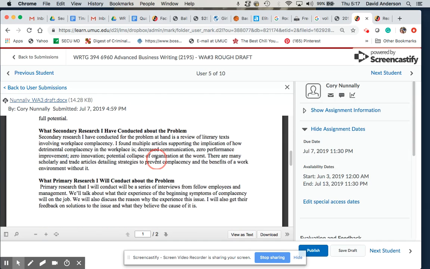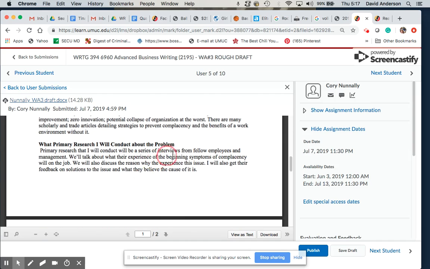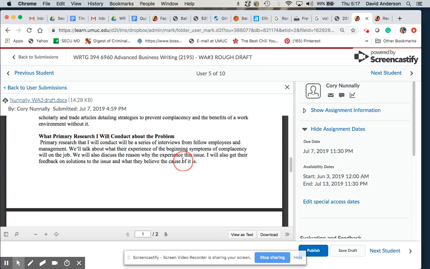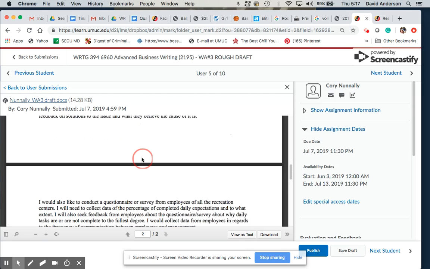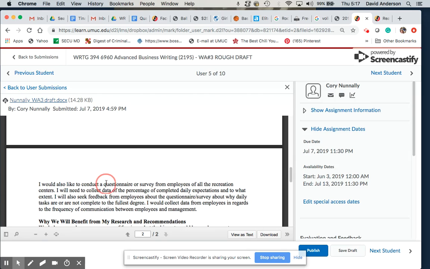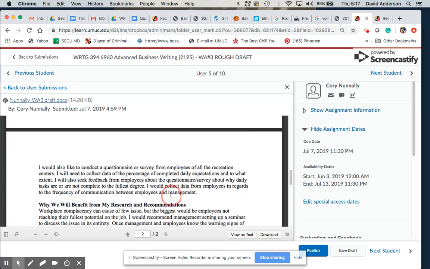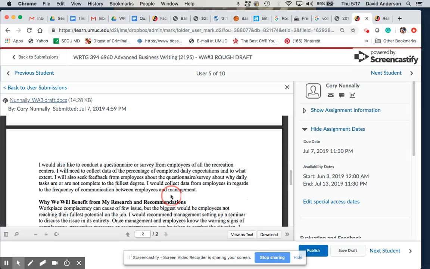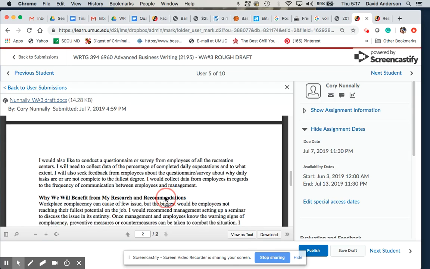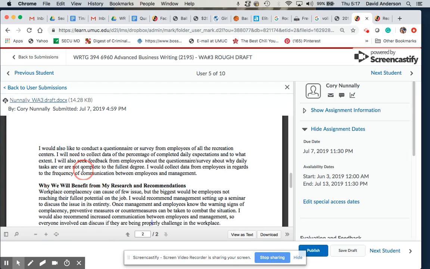So, what I want to know is what kinds of interviews will you conduct? Are these free for all interviews? Do you have targeted questions? What kinds of questions are you asking to collect the data of the percentage of completed daily expectations and to what extent? That was one feedback, about questions about why daily tasks are and are not complete to the fullest degree.